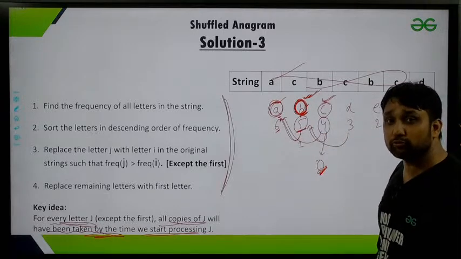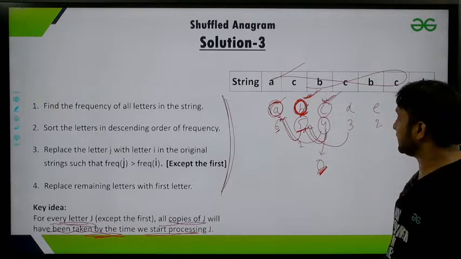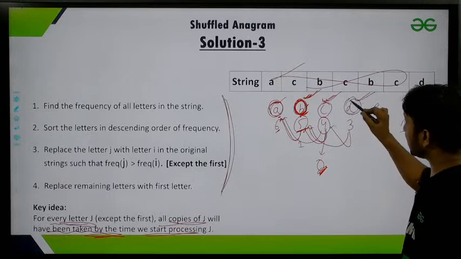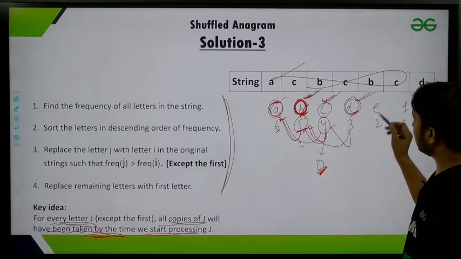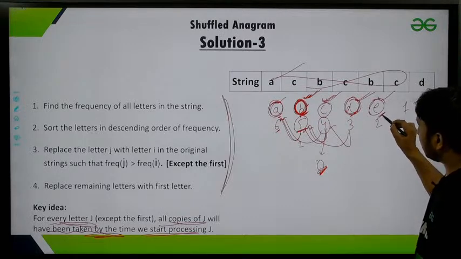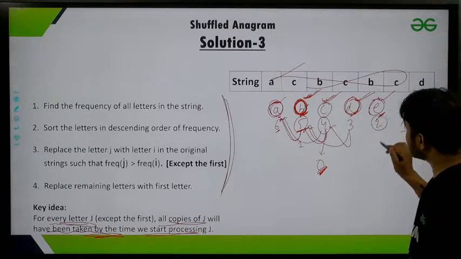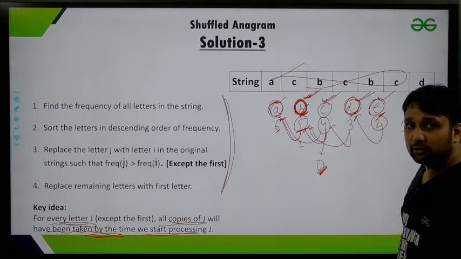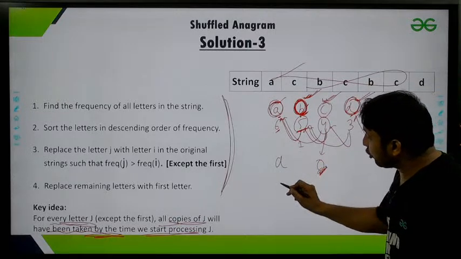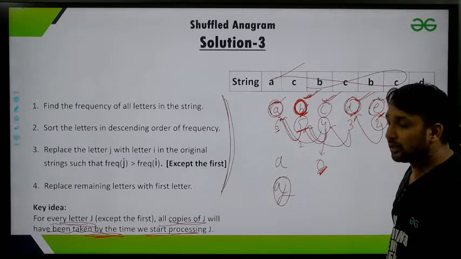Similarly, we have already consumed C when we start processing C, and D when we start processing D, because we replace C with D. Similarly, we replace D with E. So when the turn of E comes, there will be no E because we have already replaced them with D. One thing is sure: the same character will not be replaced with the same character because we have already consumed that.